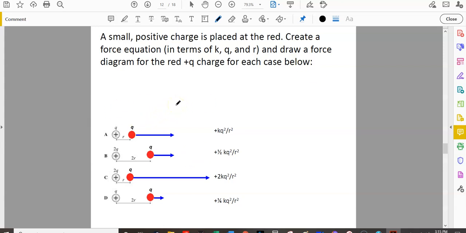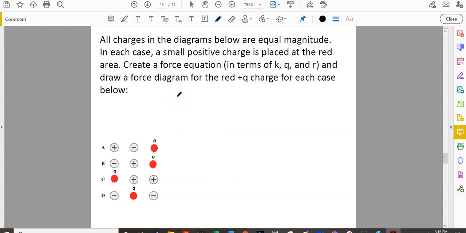Well, what's worse than one clown showing up to your birthday party? Two clowns. Here we're going to do the same problem, except now we're going to have a negative Q and then a positive Q, separated by distances of d. You'll have to get the overall force on the red charge due to the negative Q, and then the force due to the positive Q, and add those together.